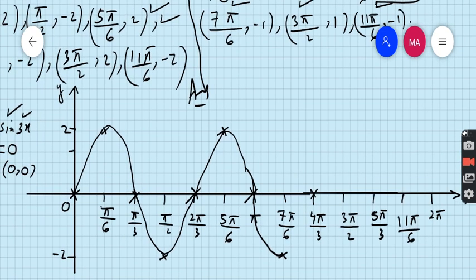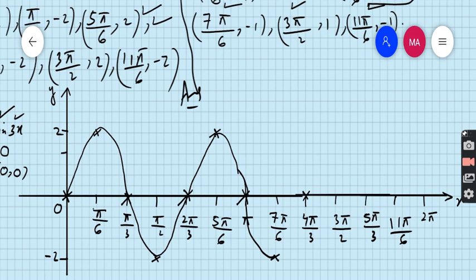Okay. And at 3 pi by 2, the value is 2. Next, at 5 pi by 3, the value is 0. And at 11 pi by 6, the value is minus 2.